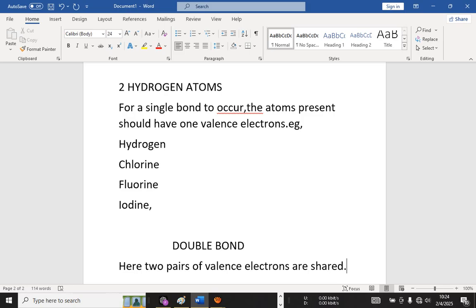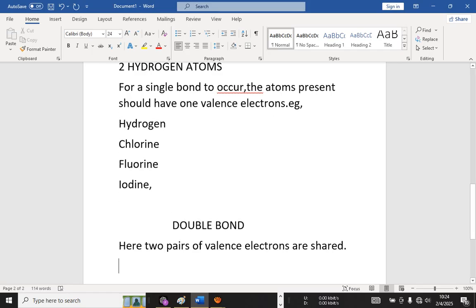Now here we shall have two pairs, and the component you will need to form a double bond is an atom with two valence electrons. We looked at how to determine the valence of electrons.